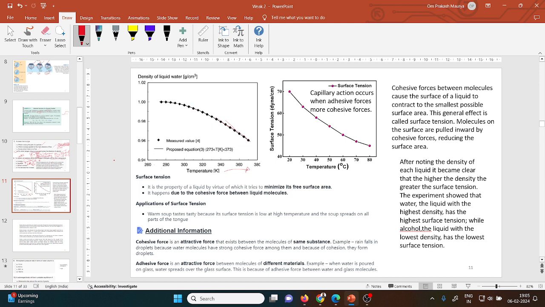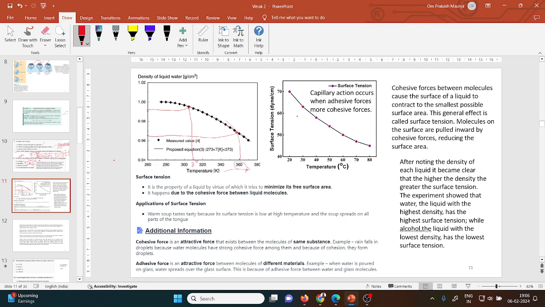Let us suppose we take this point: the temperature is 310 and the density is this much. Here the temperature is 360 but the density is a little above 0.97. So as temperature increases, density decreases.